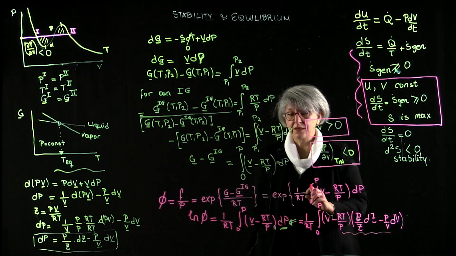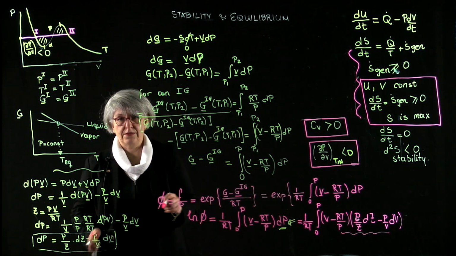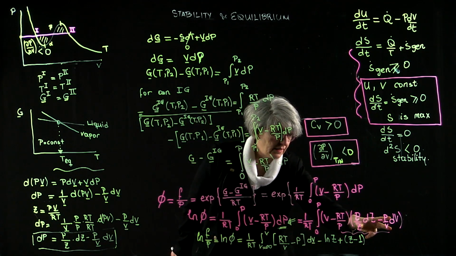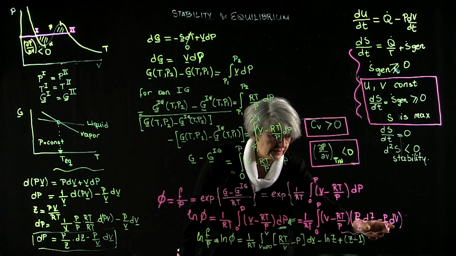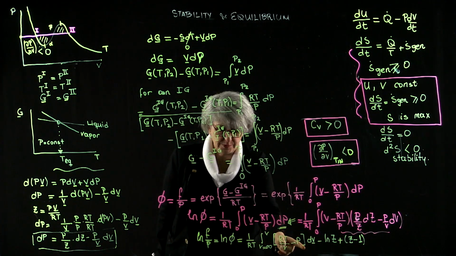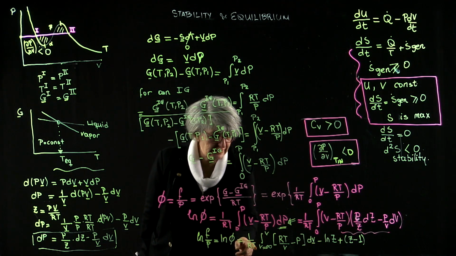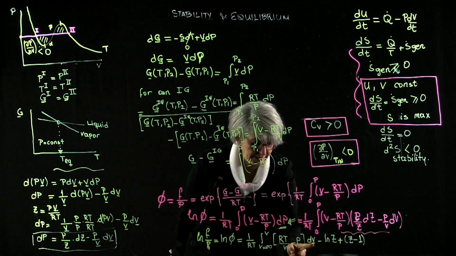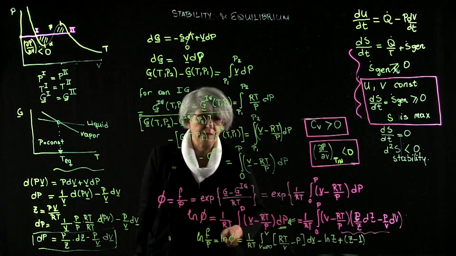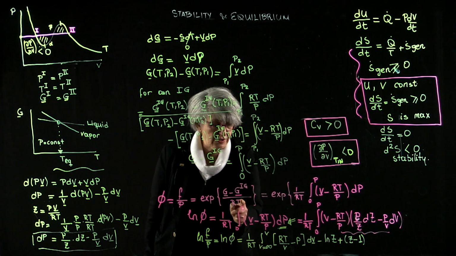I will write the final expression for the fugacity coefficient for your reference. So the algebra of this new integrand leads us to a new expression of the fugacity coefficient as 1 over RT. Now our integrand is dV, and our integration limits are now starting from volume from infinity going to the volume that corresponds to this pressure.